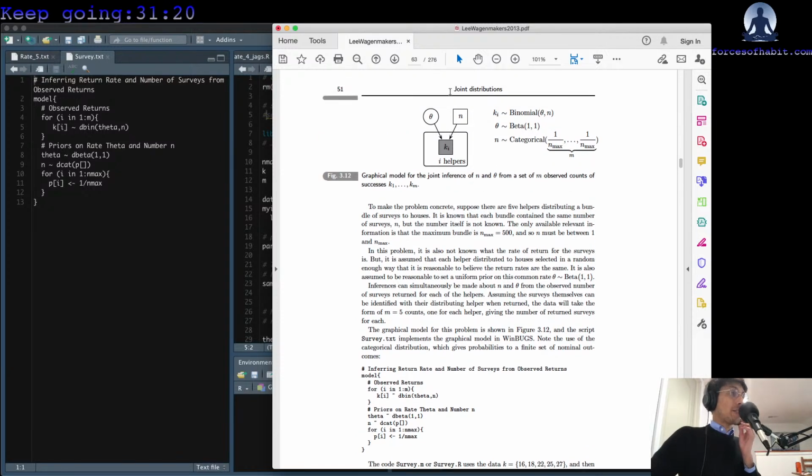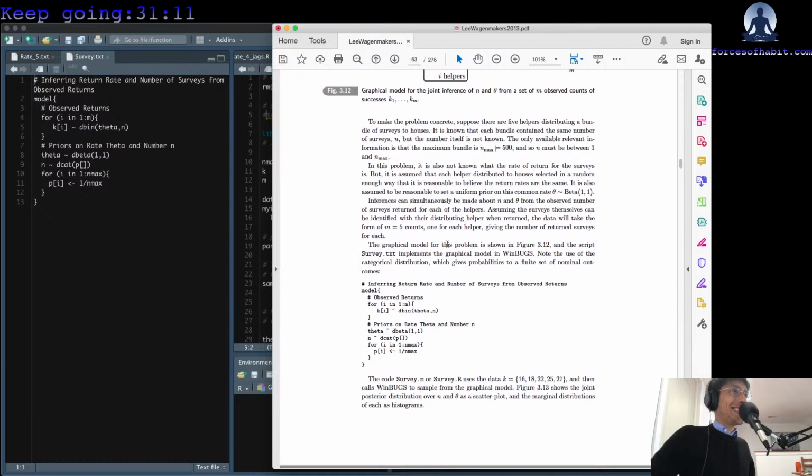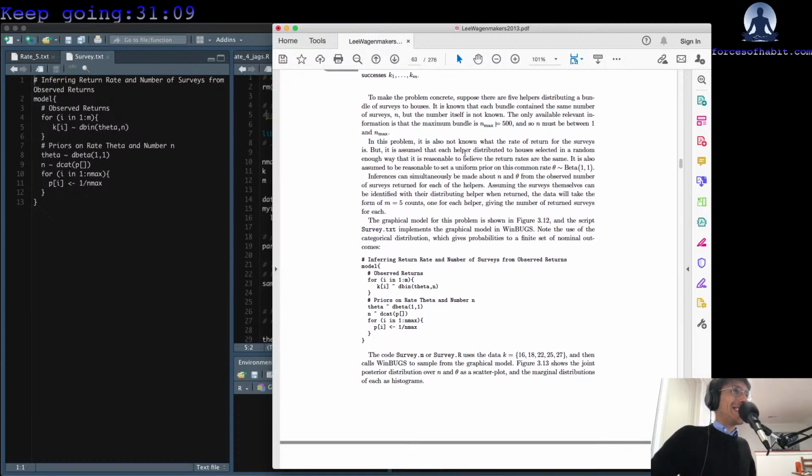But we also don't know the success rate. So we don't know how many surveys someone actually delivered, and we don't know how many surveys they had. So what's the rate of return for the surveys, given that we have information about how many surveys an individual reported successfully distributing, not how many surveys they had or the underlying rate?